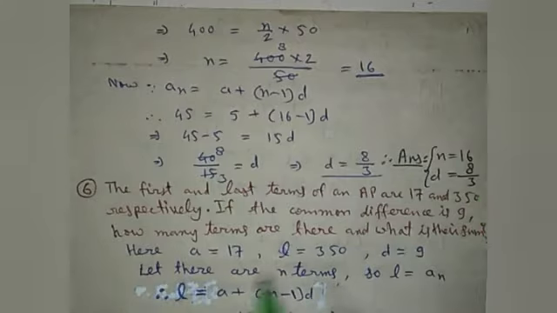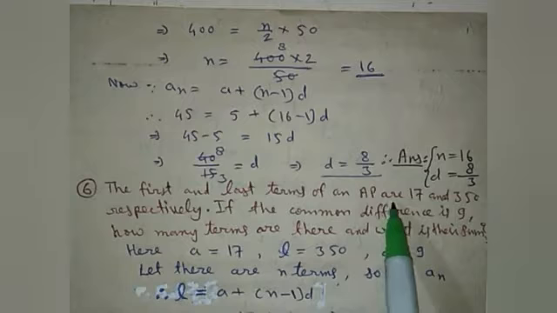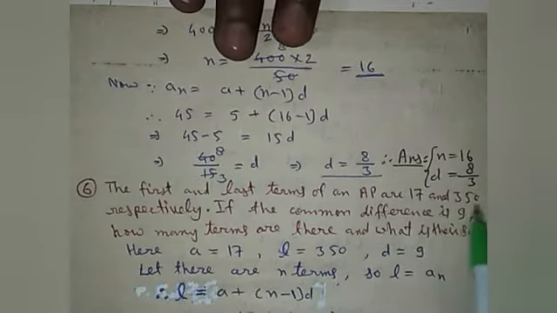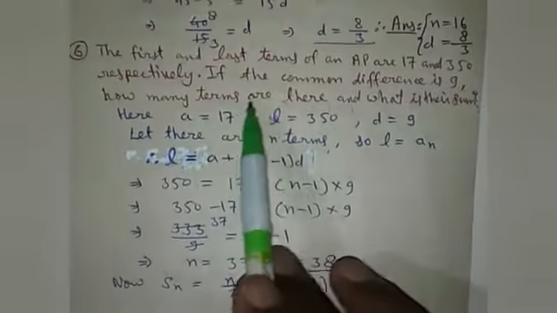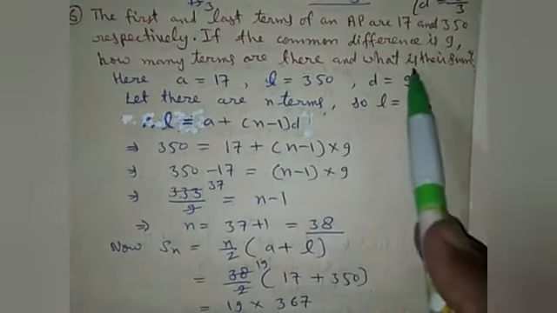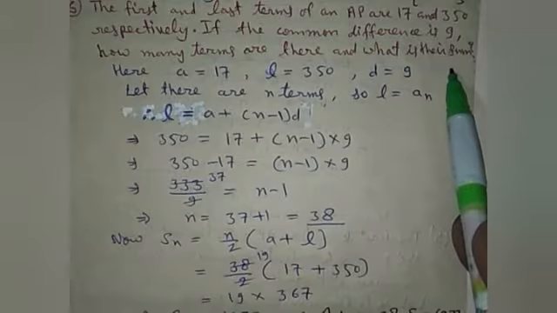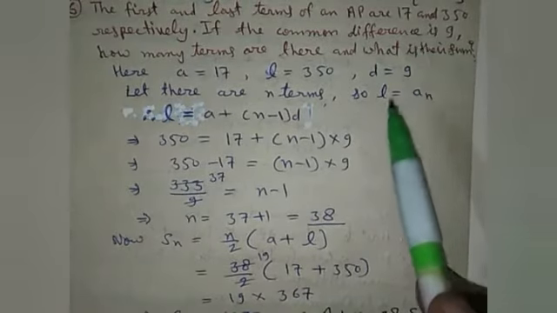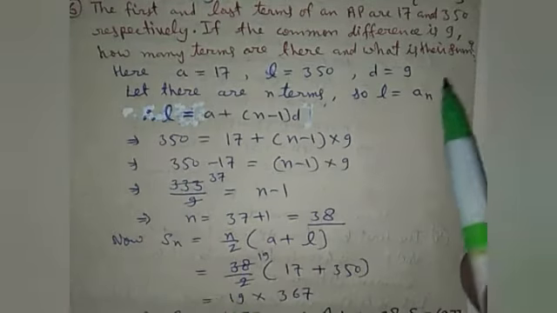Now in question number 6, the first and last term of an AP are 17 and 350 respectively. If the common difference is 9, how many terms are there and what is their sum? So here you have to find the number of terms n and Sn.